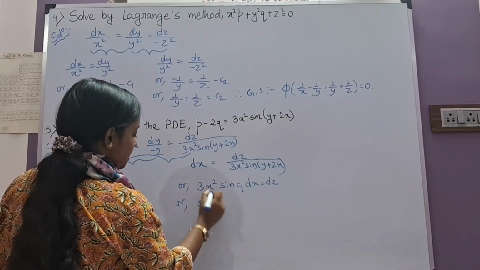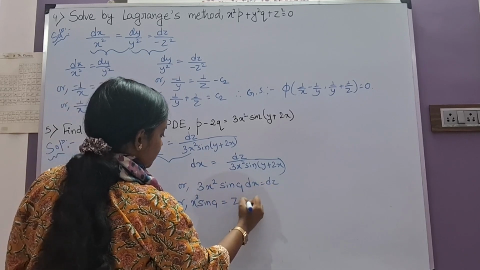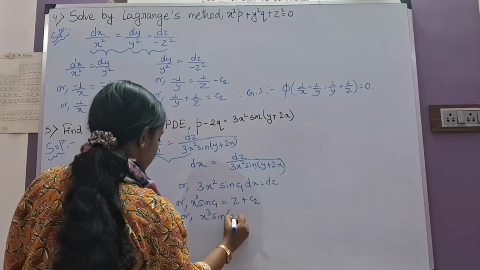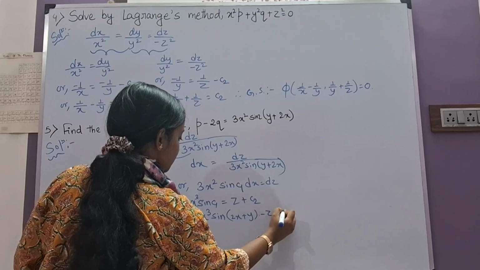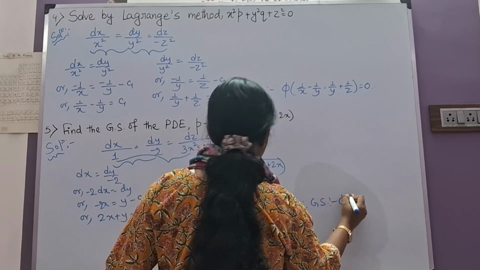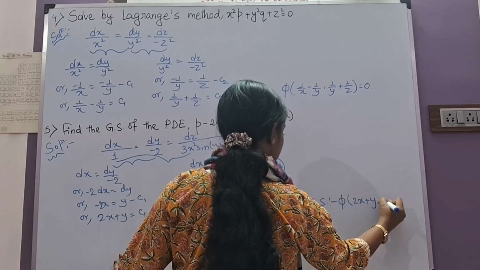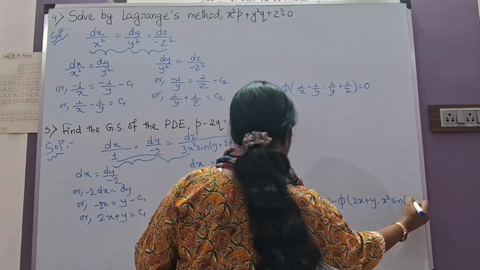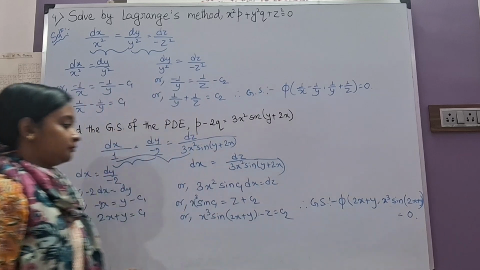Sine c1 is constant and this will be x cube equal to z plus c2, or x cube sine of (2x plus y) minus z equal to c2. That is, the general solution will be phi of (2x plus y, x cube into sine of (2x plus y)) equal to 0.